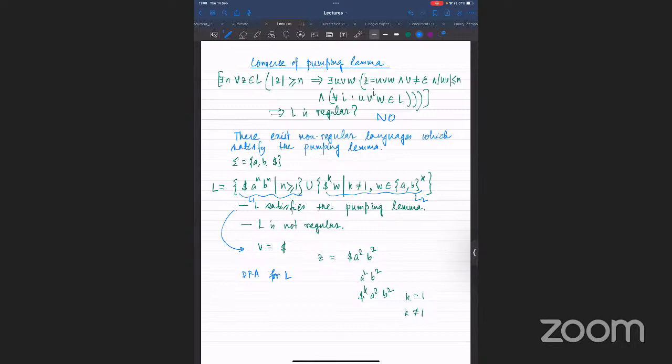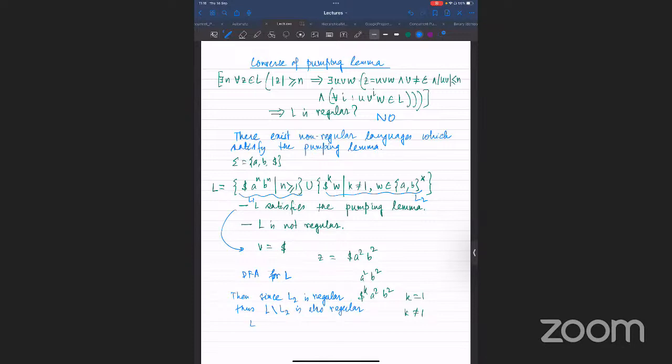So what you are saying is that if L is regular, then since L2 is regular, thus L minus L2 is also regular. This is your argument. L minus L2 is also regular.